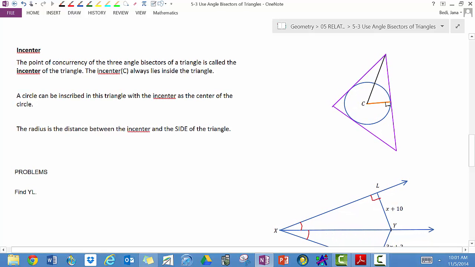The point of concurrency of the three angle bisectors of a triangle is called the incenter of the triangle. The incenter C always lies inside the triangle.